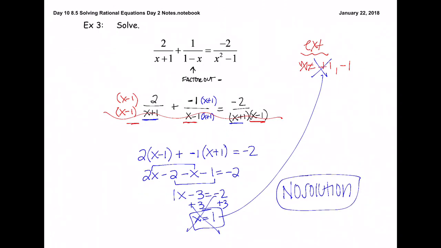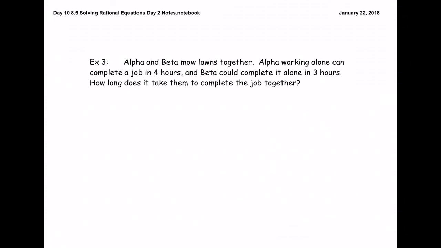The last thing that we want to take a look at is a word problem. So alpha and beta mow lawns together. Alpha working alone can complete a job in 4 hours. Beta can complete a job alone in 3 hours. So alpha alone can complete 1 job in 4 hours.